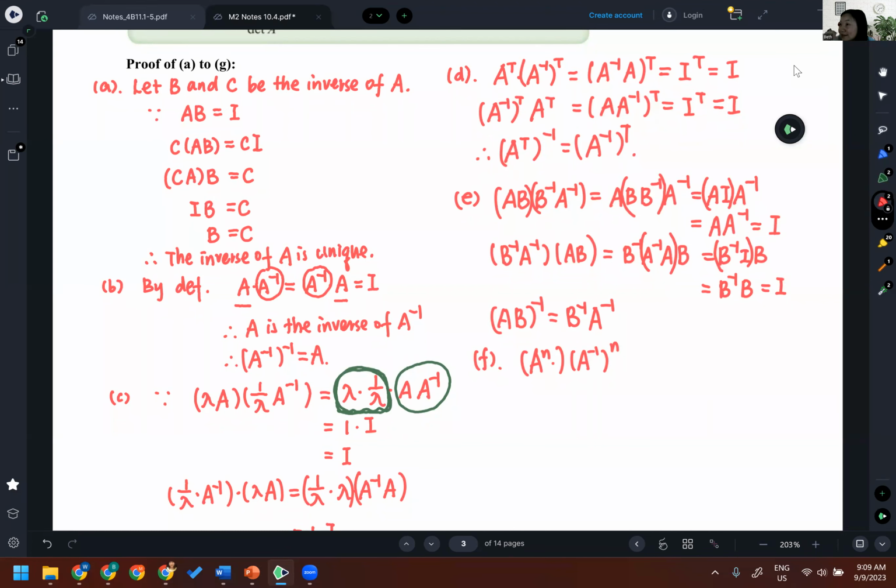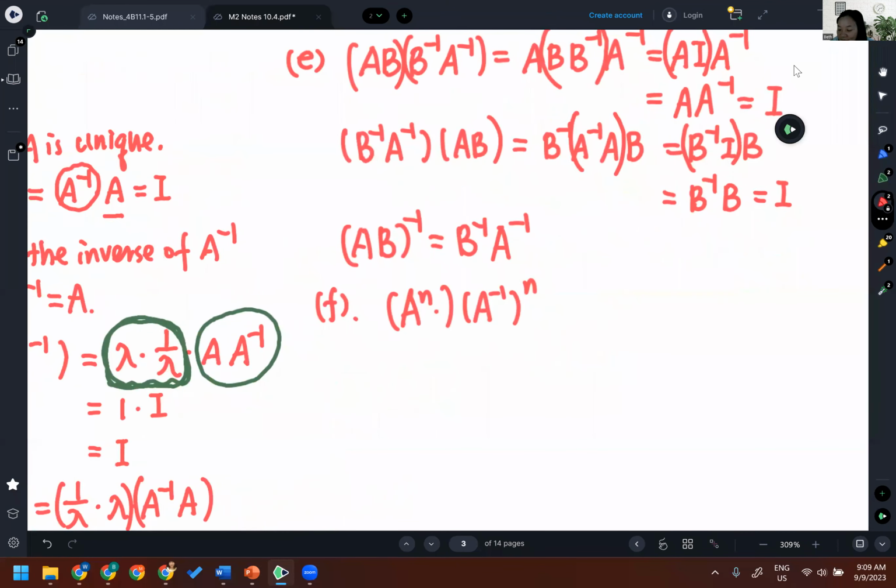But it's not so easy though. Why is this equal I? Now you don't use the algebra of numbers, okay? Any index law does not work here. You cannot use index law. You must use the multiplication of matrix.